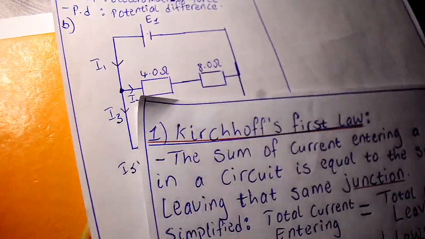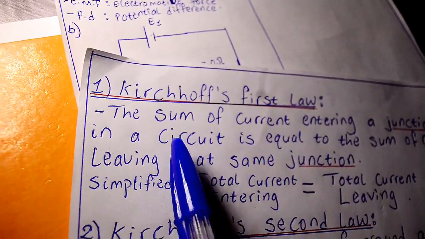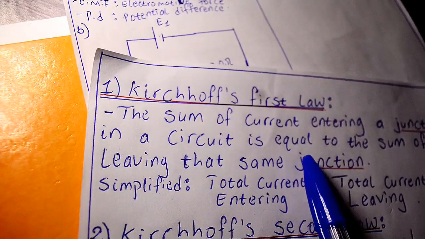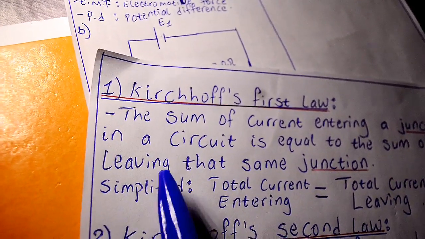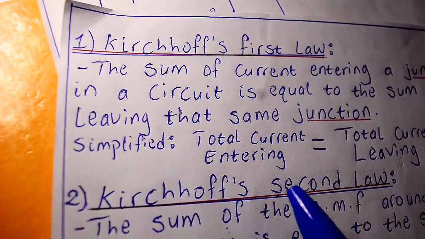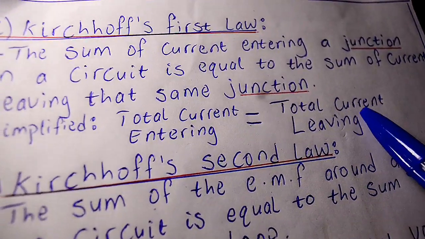Here we will deal with Kirchhoff's first law. Kirchhoff's first law says that the sum of currents entering a junction in a circuit is equal to the sum of currents leaving that same junction. The simplified form says total current entering is equal to total current leaving.